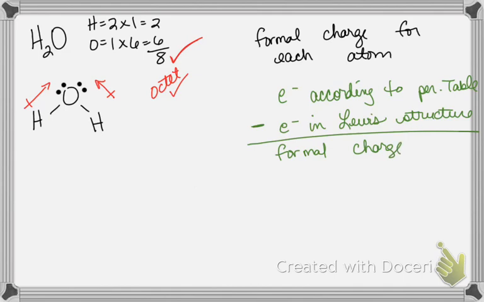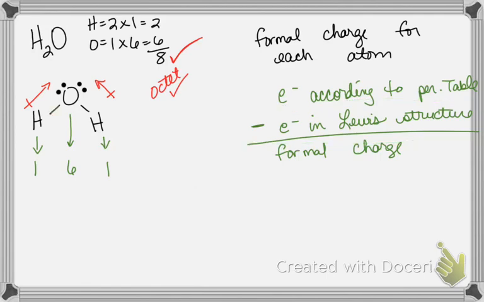Okay, let me show you what I mean by looking at this one, water. So I'm going to calculate the formal charge for hydrogen here, for oxygen here, and for hydrogen here. According to the periodic table, hydrogen should have 1 electron because it's in group 1. According to the periodic table, oxygen should have 6. And the next element, hydrogen, according to the periodic table, has 1. Now, you've got to watch how you do this next part, how you tally the electrons in the Lewis structure.